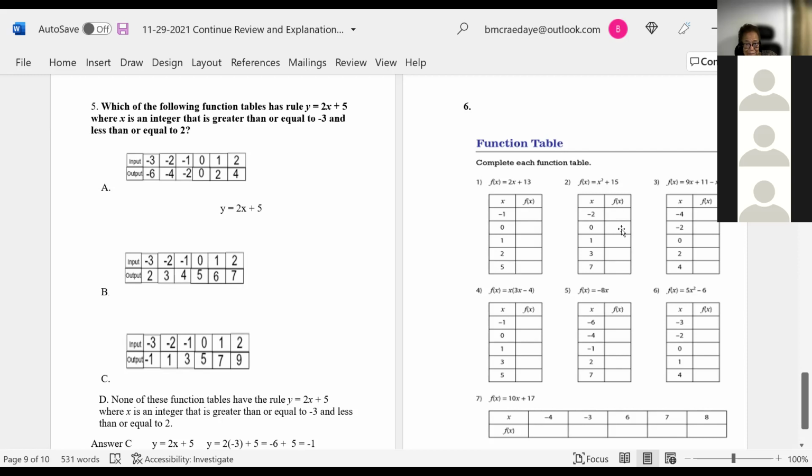So F of X is 0 plus 15 or 15. Got it? And then 1 times itself is 1. 1 squared is 1 plus 15. Then F of X for X of 1 is what? 16. Got it? Okay.